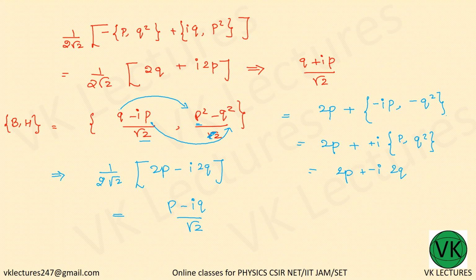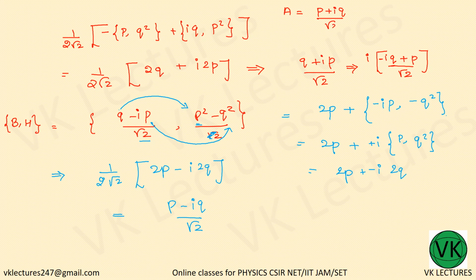Now from here we can write this as I times minus iq, and plus p by root 2, so this is nothing but p minus iq, so that is what A is equal to, p plus iq by root 2.